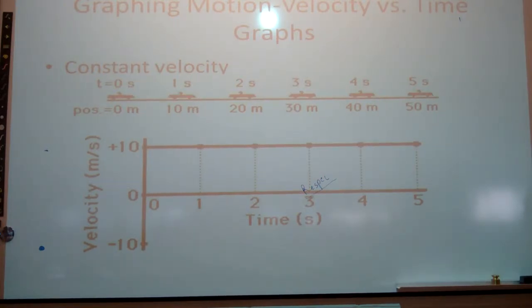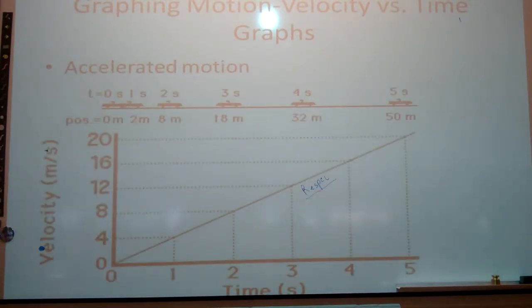Acceleration. And so if you have a non-flat line, what's the slope of this line? 4 meters per second squared would be the slope of this line, which gives you the acceleration. Does that make sense to everybody?